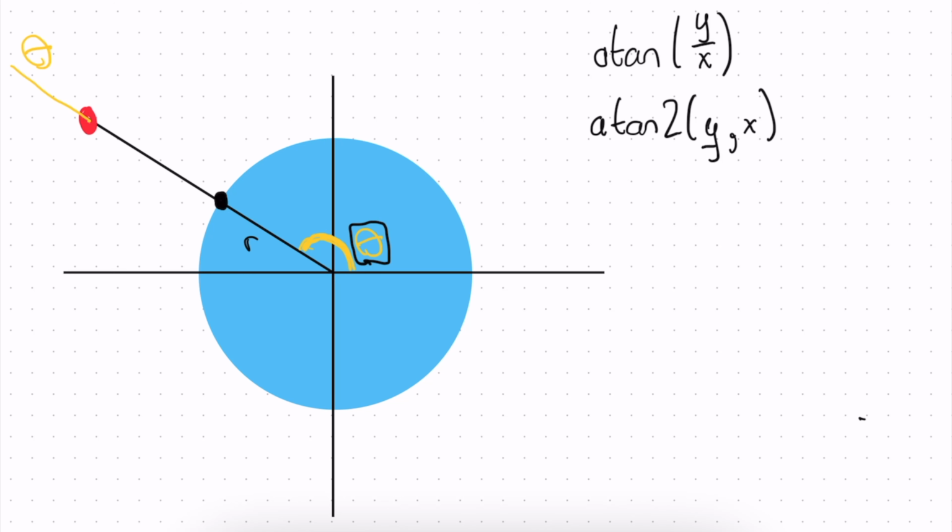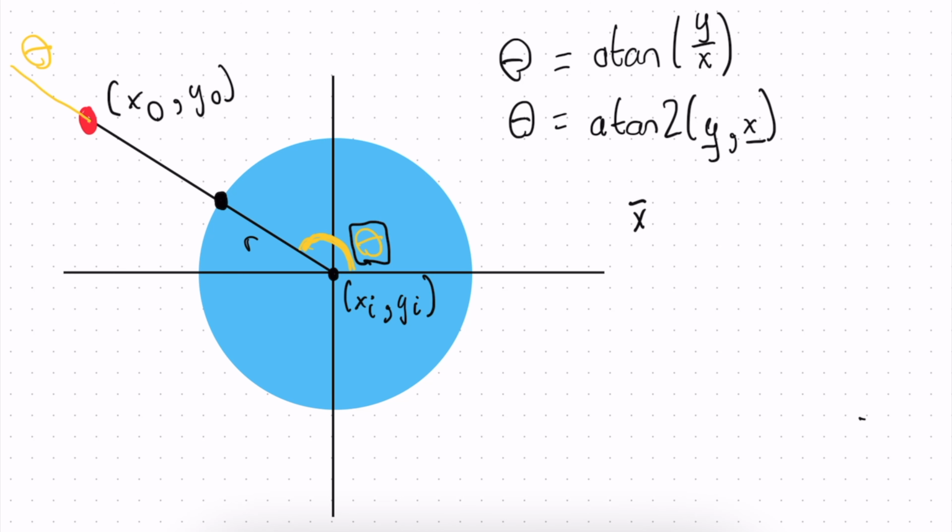But how do we get the x and y that we can use here to get the theta that we want? The way that we do that is we subtract this value. So let's call this the outer x and the outer y. And then I'm going to have this point, and I'll call this the inner x and the inner y. And so we can say x prime is equal to the outer x minus the inner x.